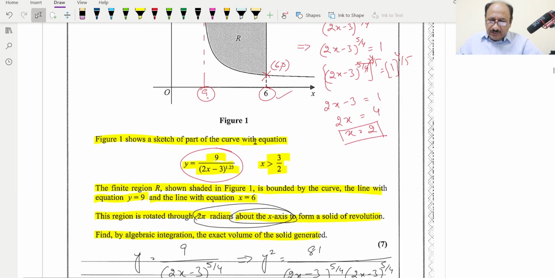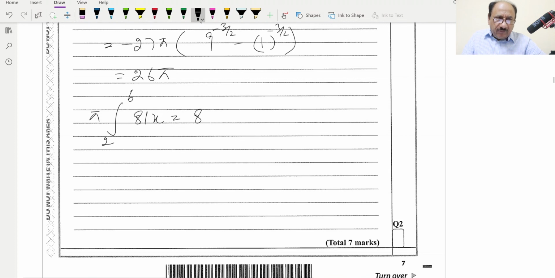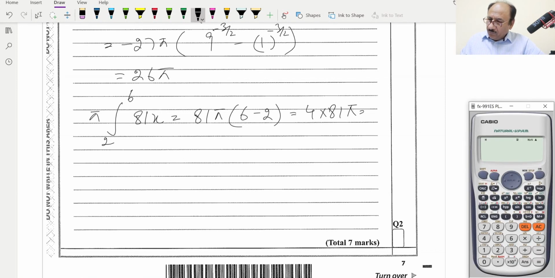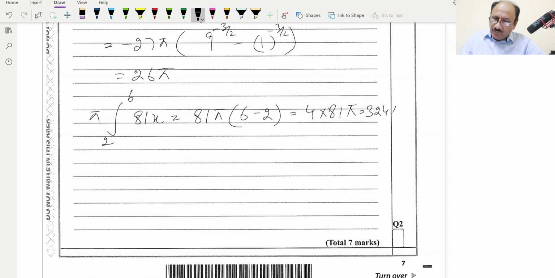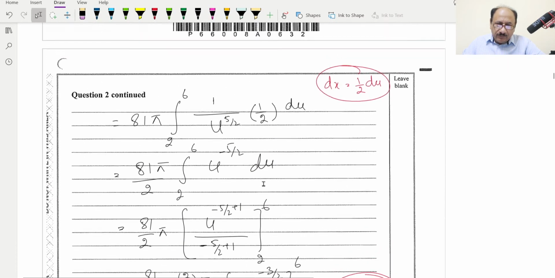We'll integrate: this will be 81 pi into 6 minus 2, which is equal to 4 into 81 pi, and 4 multiplied by 81 is equal to 324 pi. So 324 pi is the total area.